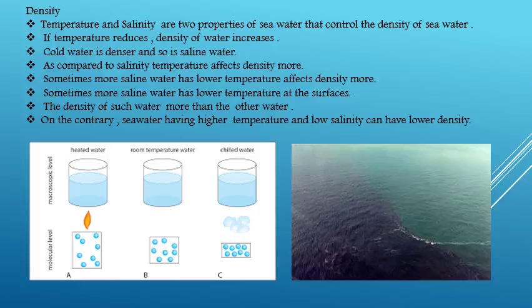So in the hot water, molecules are away. In the warm, they are a little bit closer to each other, and in the chilled one, they are very close to each other. If we want to see the density of seawater, just see the second image. We can see two different types of water. What is shown on the screen? That is the open sea and the dead sea.